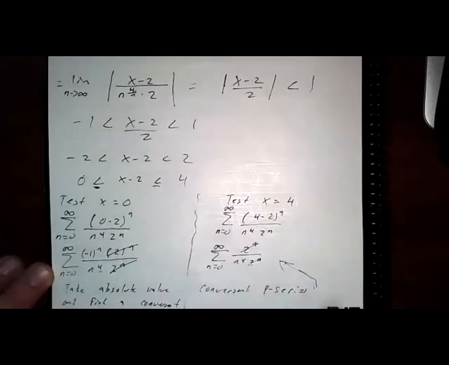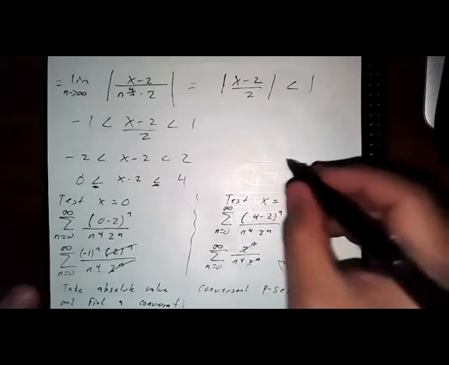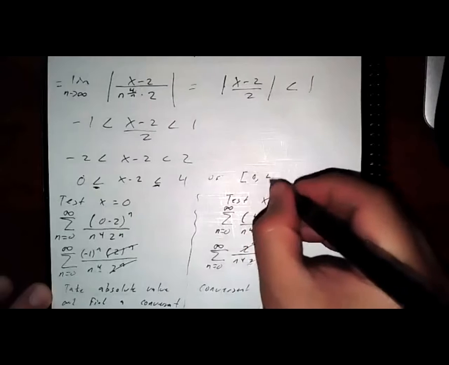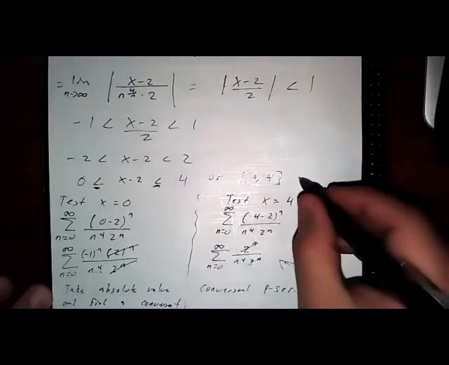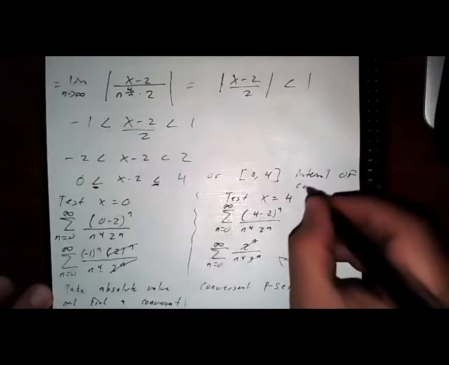So that's why I included both of them, because I could tell it's going to converge at the endpoints. So the interval will be written this way, with brackets. That's my interval of convergence.